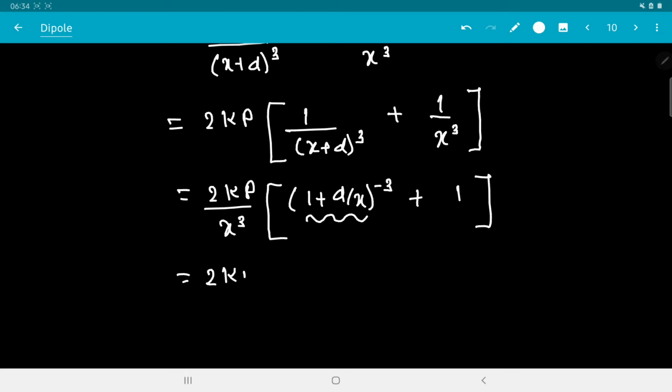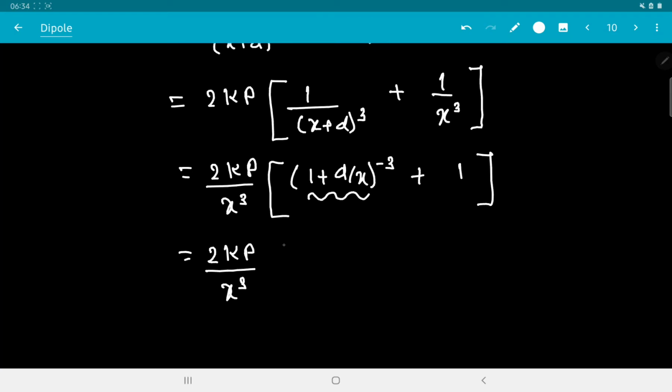Again, considering that this distance x will be very large as compared to the distance between the charges, we'll get 1 minus 3d by x.